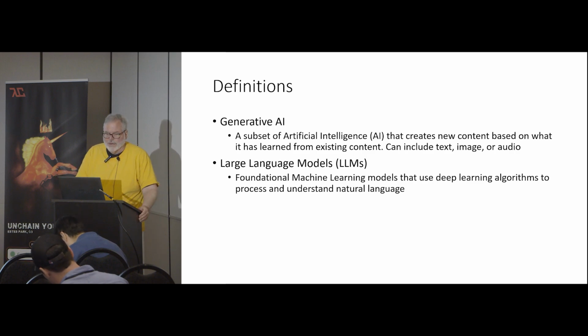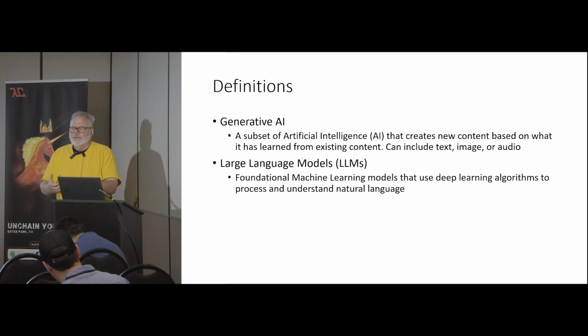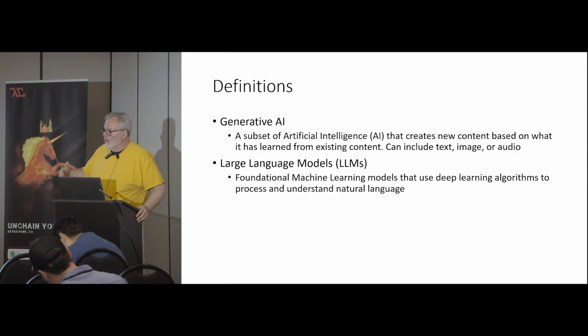A large language model is built by looking at lots of examples of human readable language, and therefore I build up a model that can understand and can generate human readable language, such as English. You may catch me occasionally saying the word English when I really mean any human readable language, but English happens to be my native tongue, so forgive me if I do that.